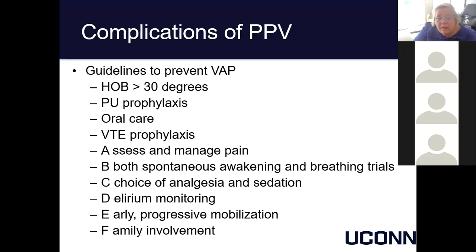Get them mobilized. Again, getting a patient out of bed when they're intubated, attached to a ventilator, is a hassle. It's not something you're doing alone, but it's critical. And then keep the family involved also. And these are all different ways to prevent complications of not only VAP, but of intubation itself.